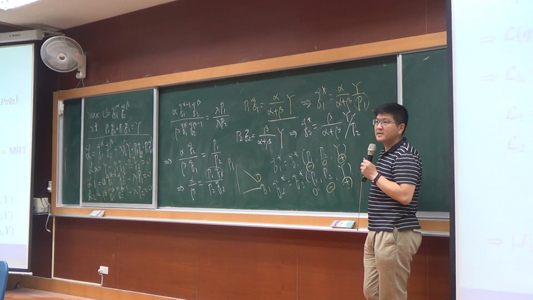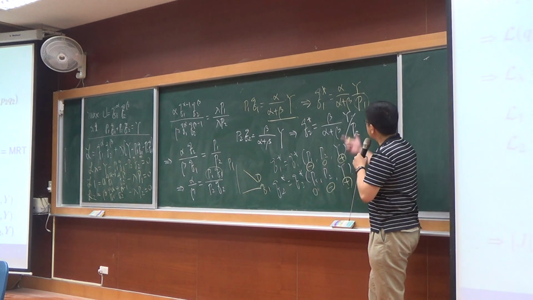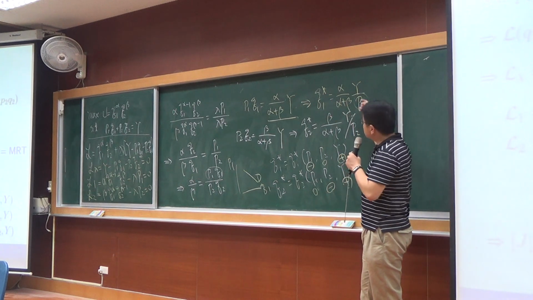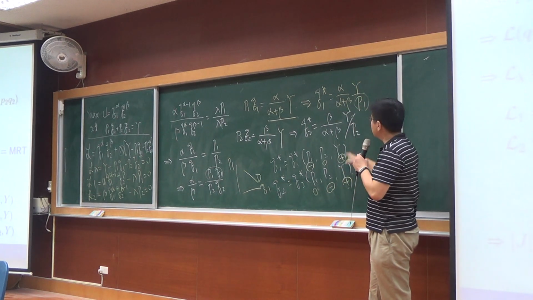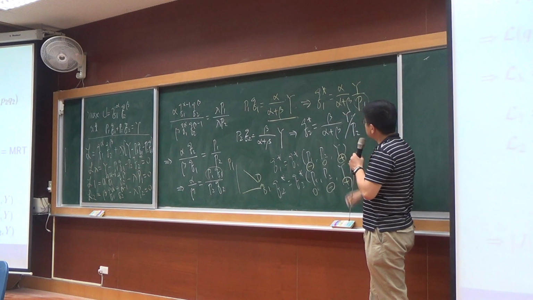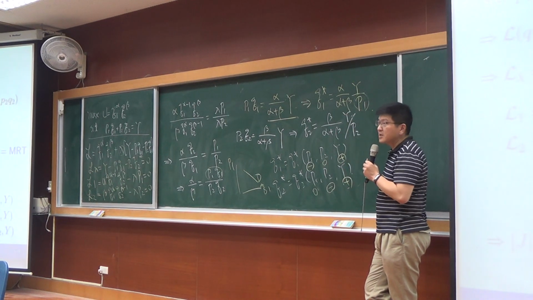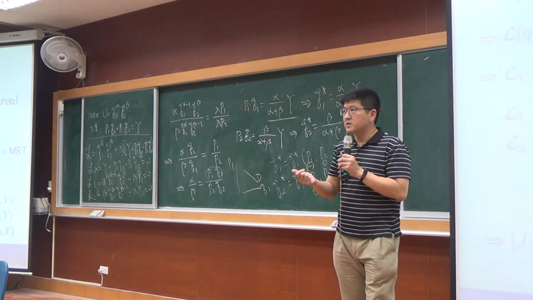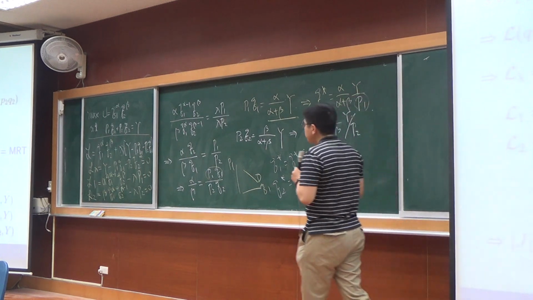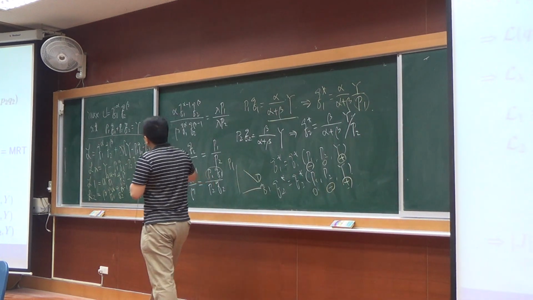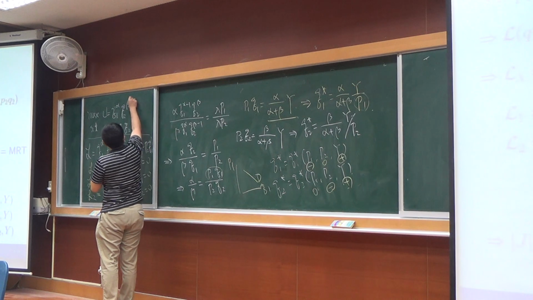Right? Because you don't see any P2 in the function, in the solution. Also, you don't see any P1 in the solution, which means these two kinds of goods... we call this a utility function of Cobb-Douglas.